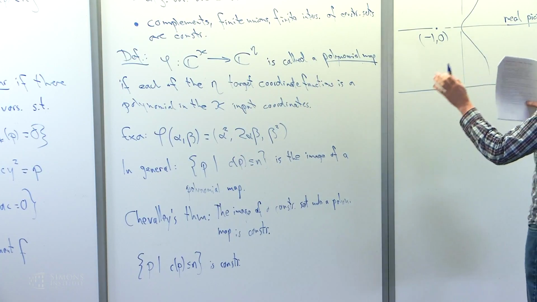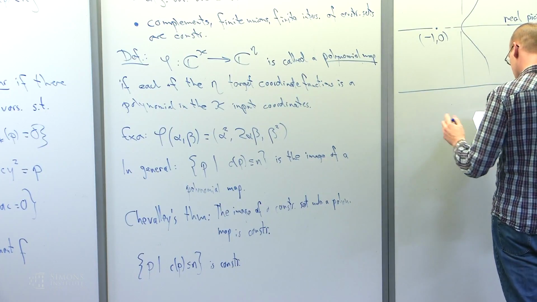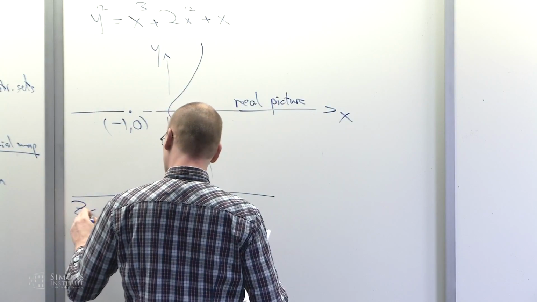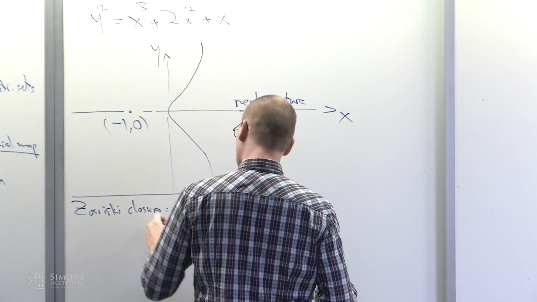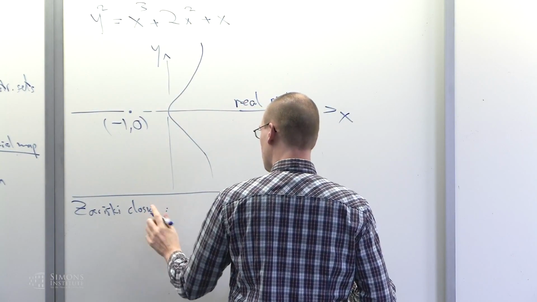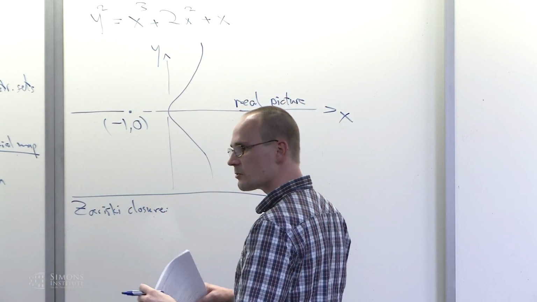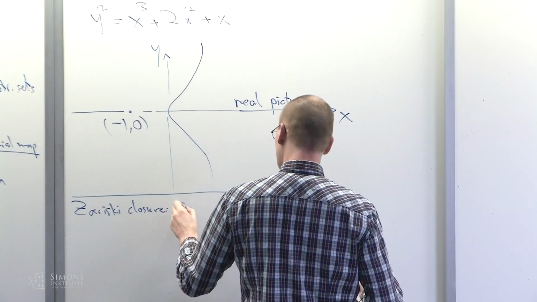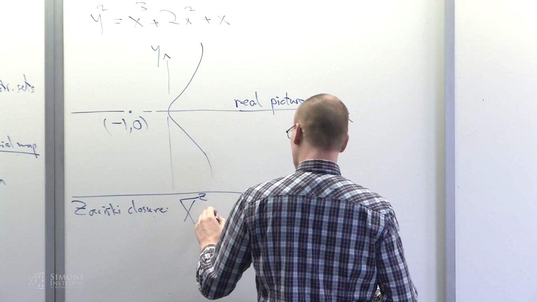But you see, that is not very explicit. So if you have some subset, what is the Zariski closure? The Zariski closure of a set is the smallest algebraic variety that still contains your set.